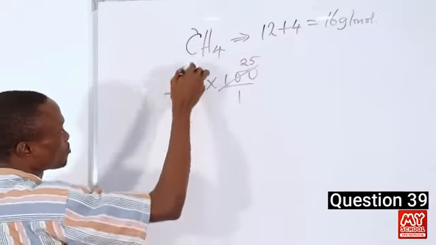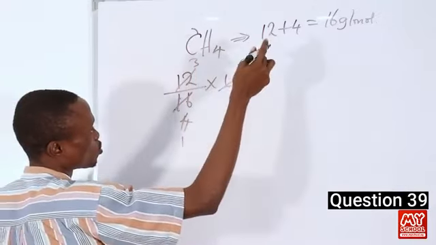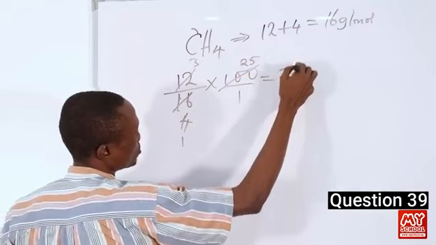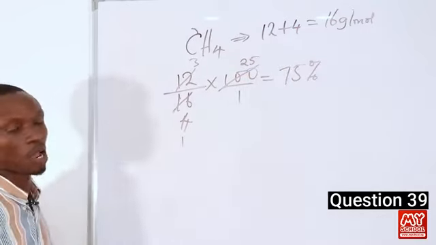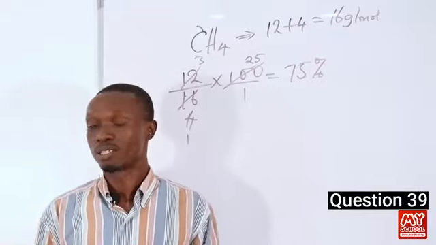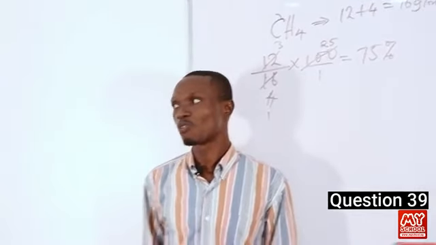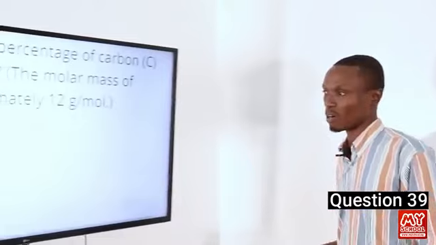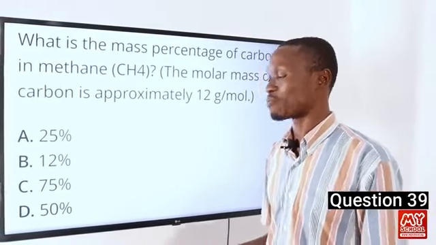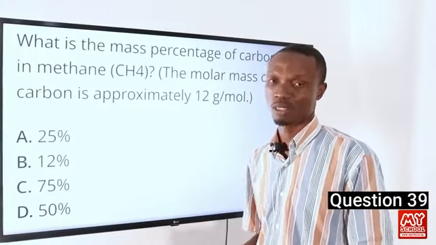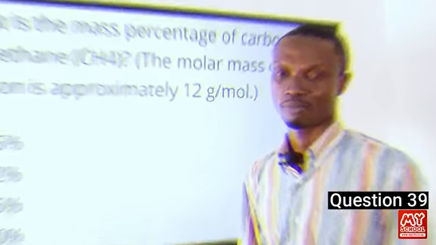Then 4 here is 1. 4 here is 3. Then 3 times 25 equals 75%. So the mass percentage of carbon in methane is 75%. So let's move over to the screen to pick the correct option. From our calculation, we got 75%, and that is option C, 75%.